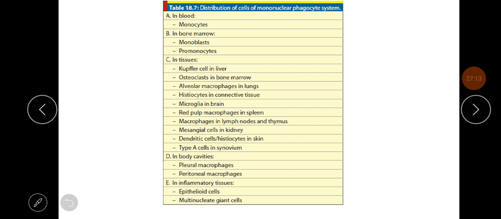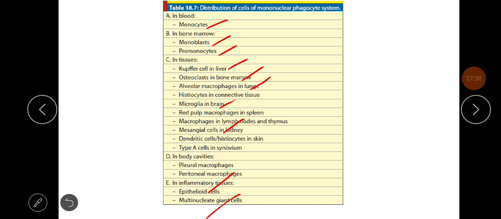These are the different cells of the mononuclear phagocyte system. The monocytes, the monoblasts, promonocytes, Kupffer cells in the liver, osteoclasts in the bone, macrophages in the lung, microglia in the brain, and mesangial cells in the kidney. Also epithelioid cells and multinuclear giant cells.